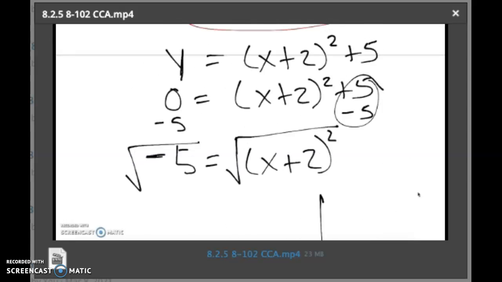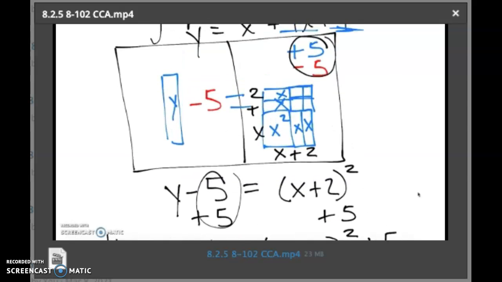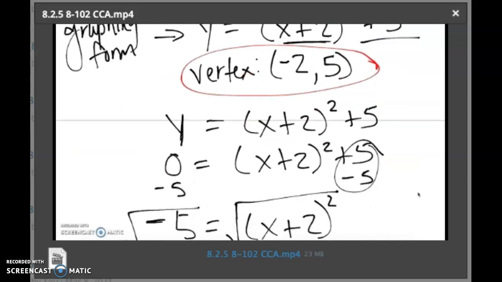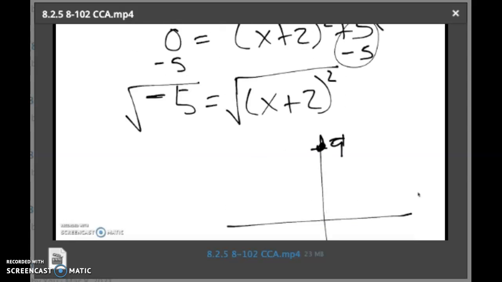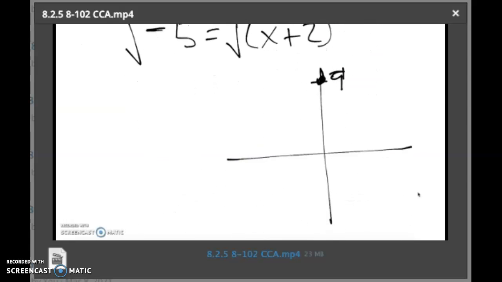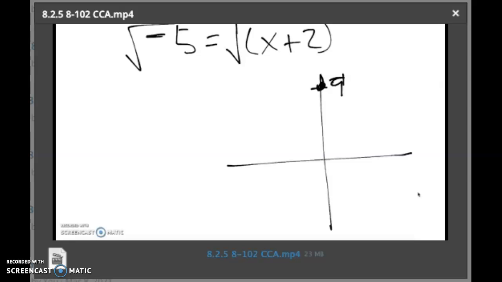Okay, so we said that our y-intercept was at (0, 9). So somewhere up here. Just draw a little sketch here. And then our vertex is at (-2, 5). So my vertex is right here.